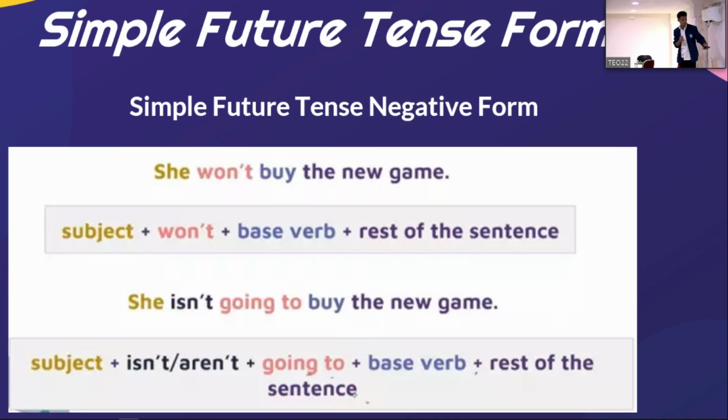And then for going to, the formula is subject plus isn't or aren't, plus going to plus base verb, and then the rest of the sentence. For example, she isn't going to buy the new game. So the isn't or aren't follows the subject. If the subject is I, you use I am not going to buy the new game. So next slide.